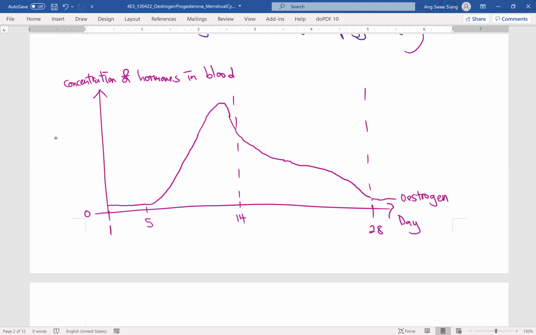So I repeat again. Remember the functions of estrogen. The estrogen level starts to increase after menstruation. Why? Because one of the functions of estrogen is to stimulate the repair and growth of the uterine lining.